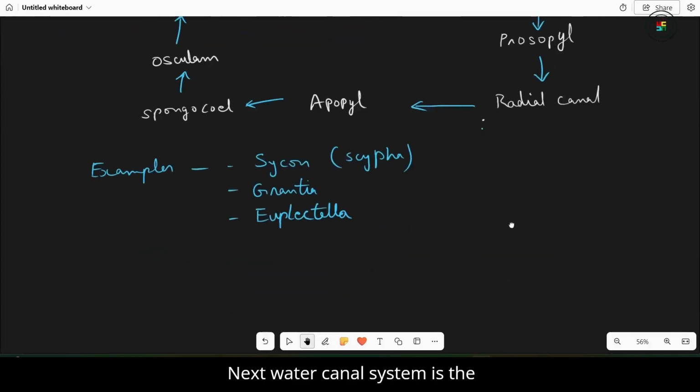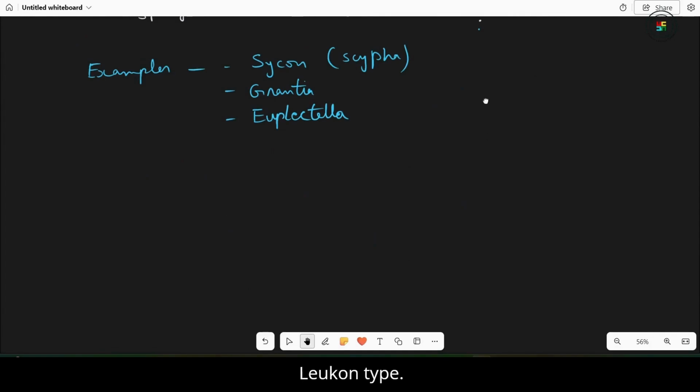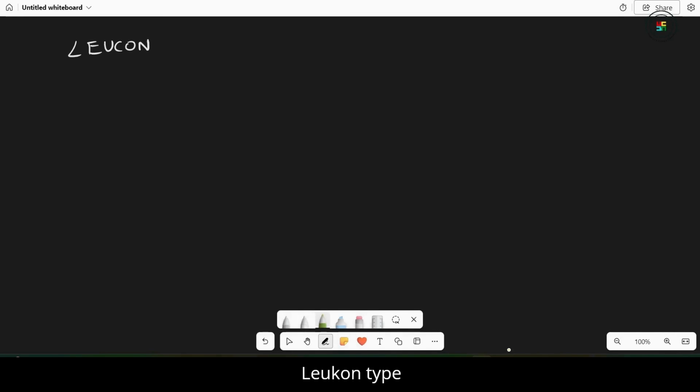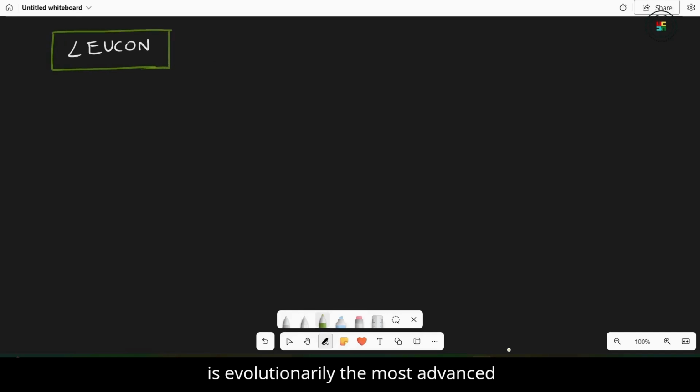Next water canal system is the Leucon type. Leucon type is evolutionarily the most advanced water canal system in poriferans.